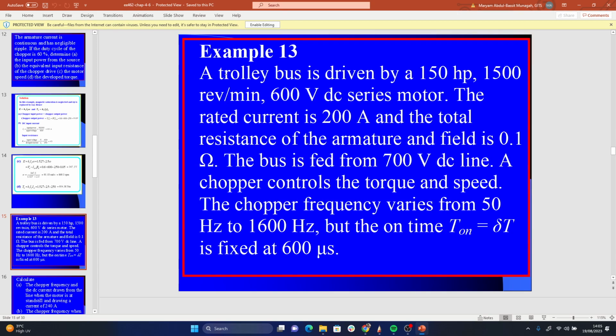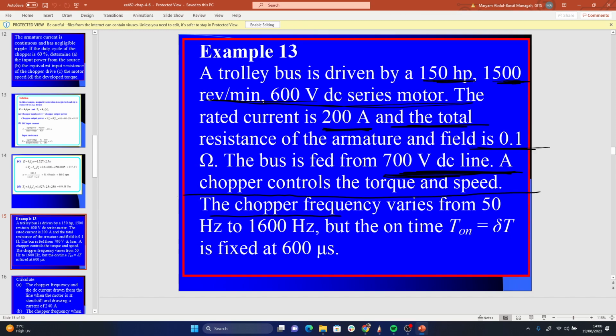Example 13. A trolley bus is driven by a 150 horsepower, 1500 rev per minute, 600 volt DC series motor. The rated current is 200 amps and the total resistance of the armature and the field is 0.1 ohm. The bus is fed from a 700 volt DC line. A chopper controls the torque and speed.